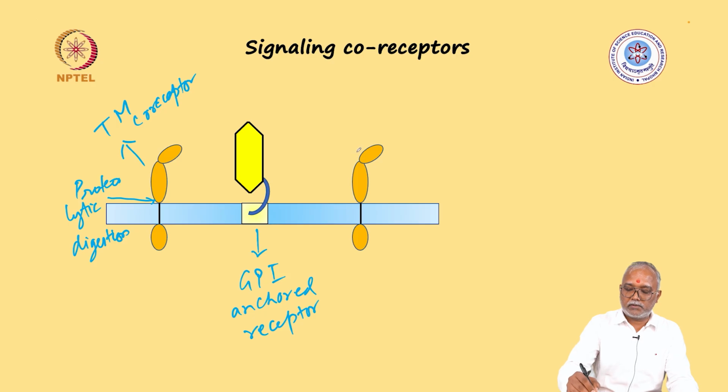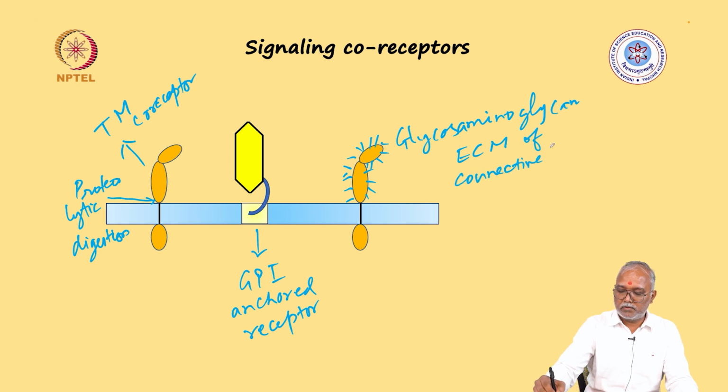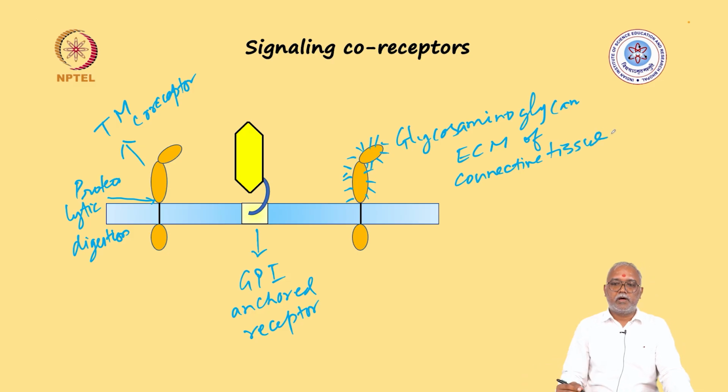Then you have receptors which could have an extracellular domain modified with glycosaminoglycans which are present in the extracellular matrix of connective tissue. This is some sort of regulation on the functioning of these receptors.